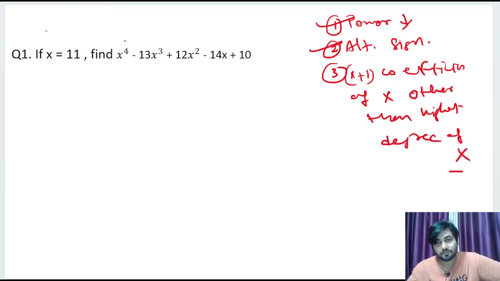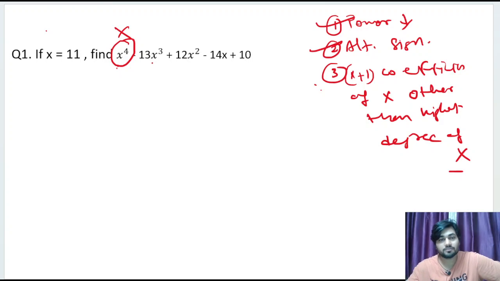Here the highest degree of x is x to the power 4, so this is not our concern. We need to check this criterion for powers of x other than the highest degree, so x to the power 4 is neglected.